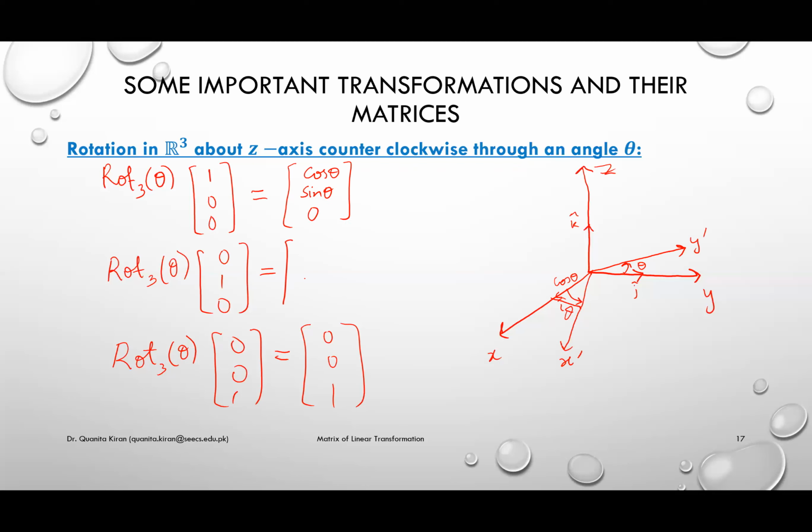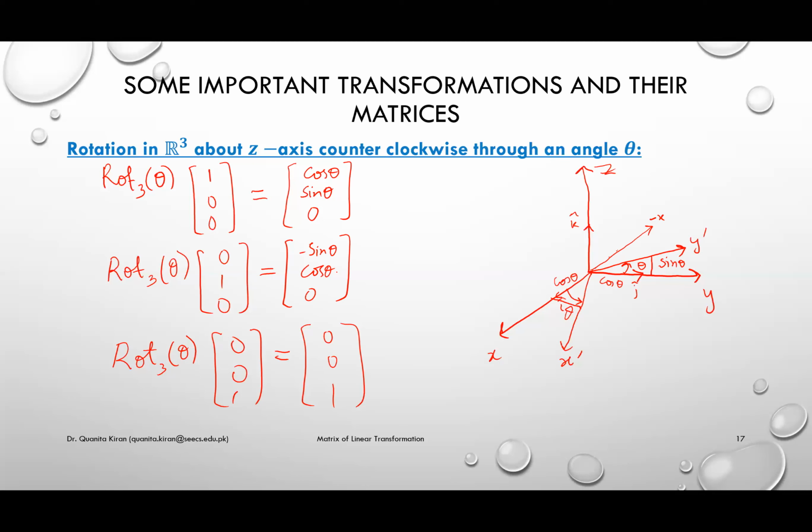Similarly, this side becomes sine theta with a minus sign because here the x-axis is negative, and this side is cos theta. So this is again minus sine theta, cos theta, and 0.